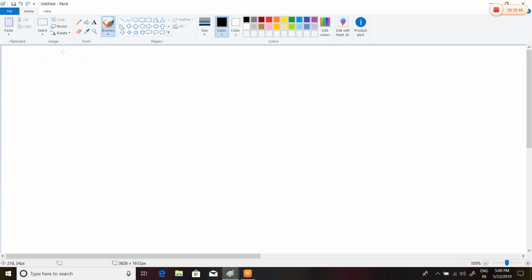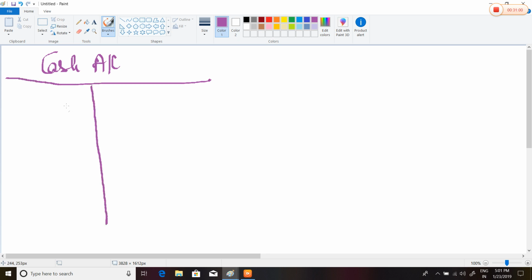Now we'll make a cash account. Cash or bank account, whatever is given in the question and the balance sheet. To balance brought down 3,29,000.